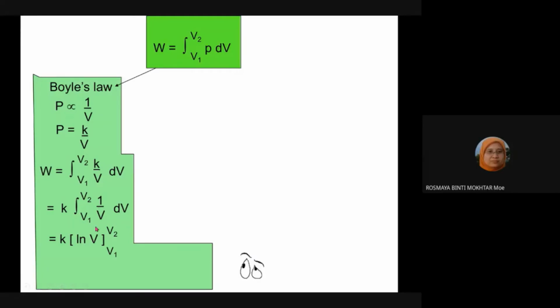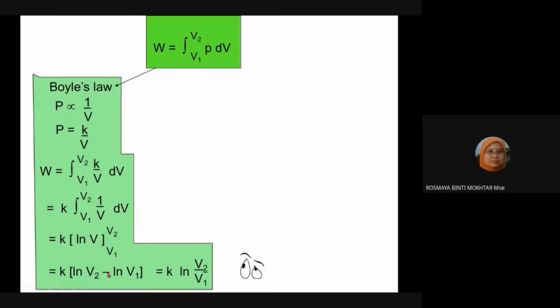Okay, then continue. So for V1 to V2, we put here, then we substitute into here. We substitute V2 first, so ln V2, then minus V1 into here, so minus ln V1. So ln V2 minus ln V1. Next we use the log rule.